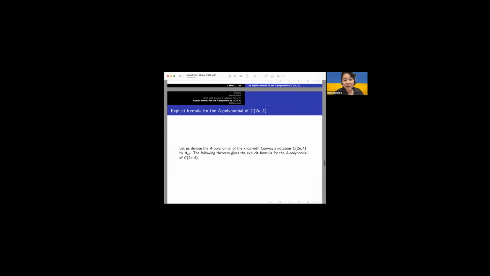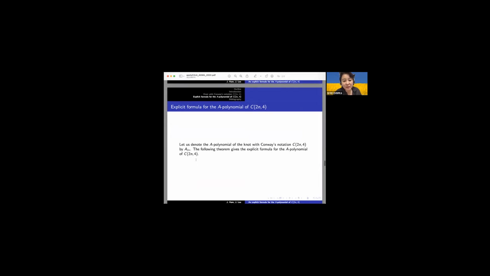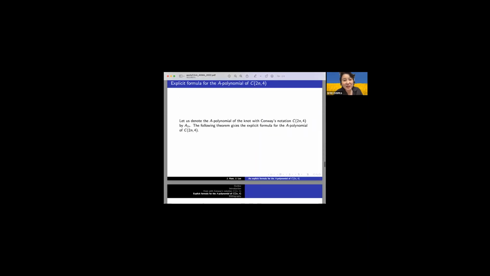Let us denote the A polynomial of the knot with Conway notation C2 and 4 by A2,4. The following theorem gives the explicit formula for the A polynomial of C2 and 4. Now, we had the explicit formula of P2n and X, and then you substitute the solution we get here.